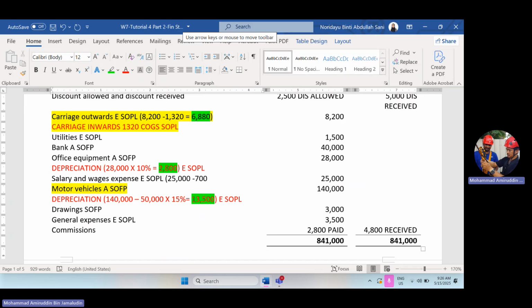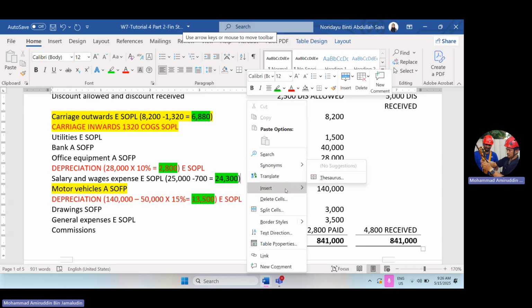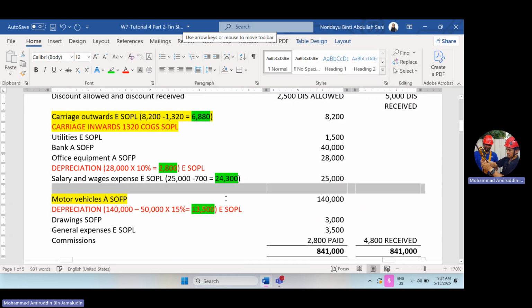So minus 700, we get 24,300. So how much is your salary and wages to your SOPL? 24,300, not 25,000. One item goes to SOPL, another item should go to SOFP. So what is that? Prepaid salary and wages.